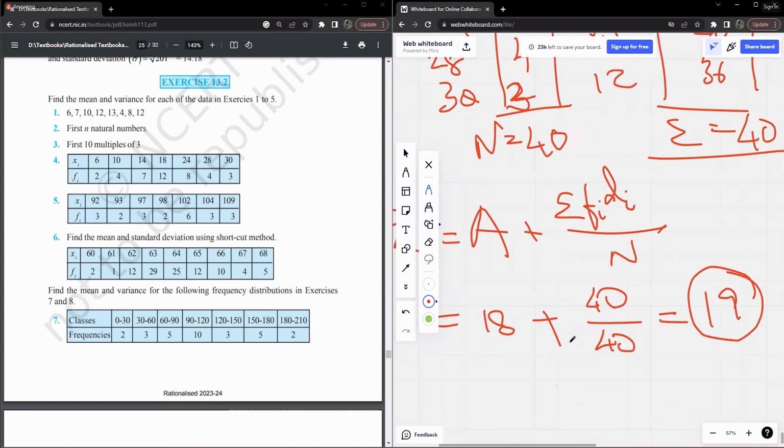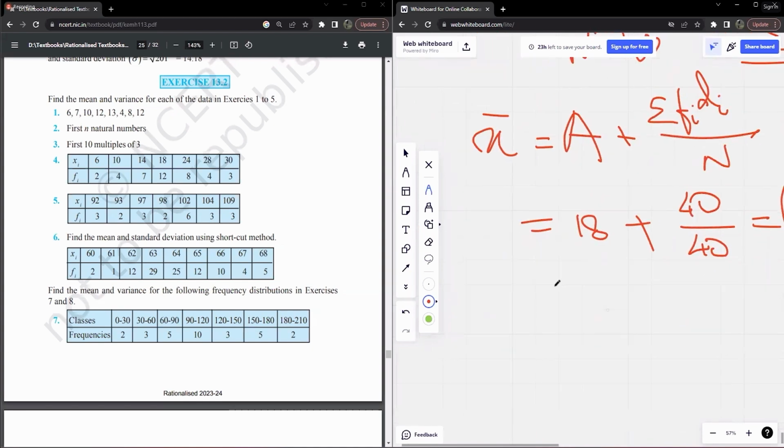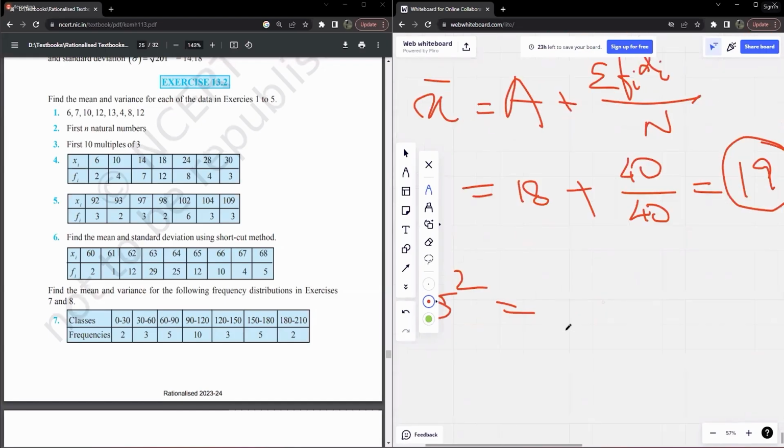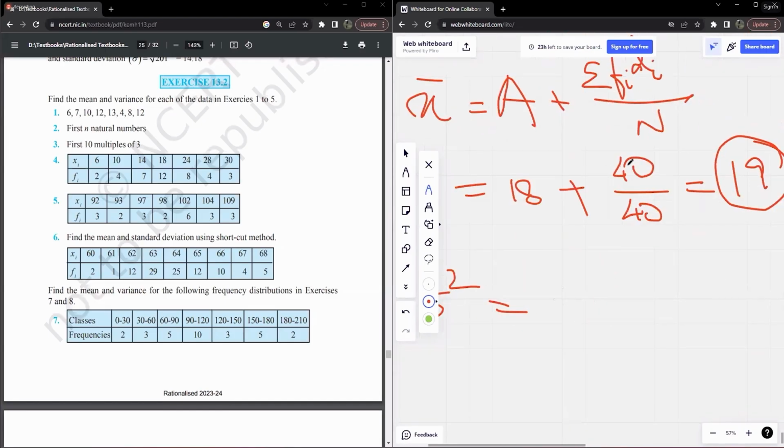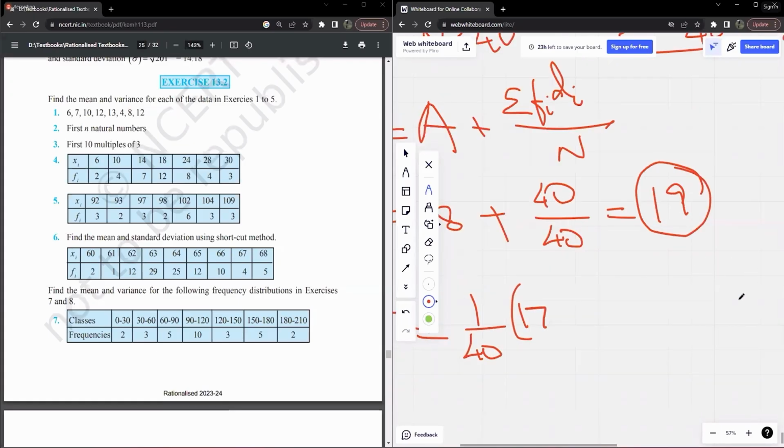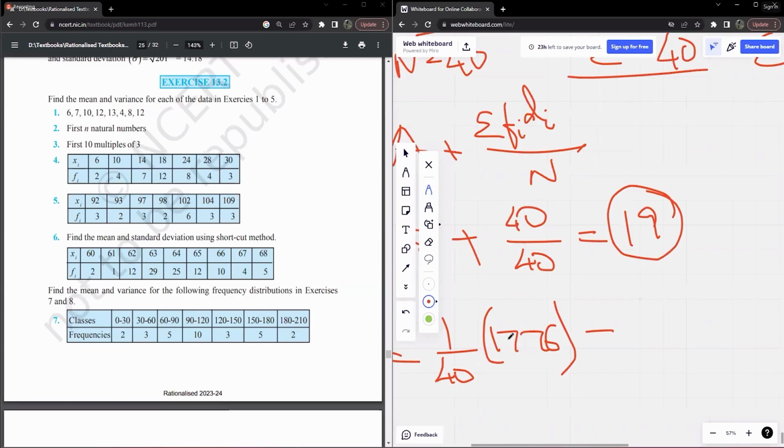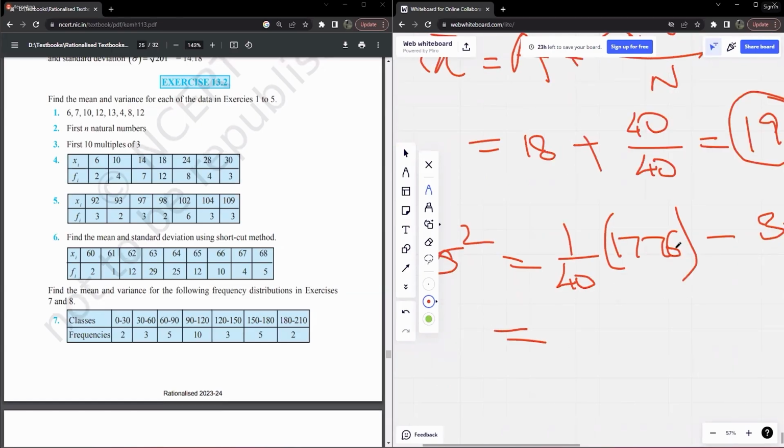And the sigma square is going to be 1 by n times your sigma of fidi square, right, which is 1776 minus x bar the whole square. Oh wait, no, it's not x bar square.